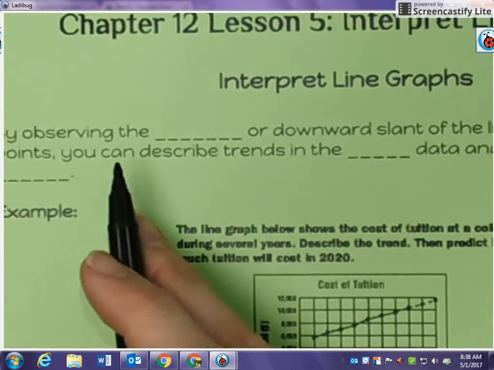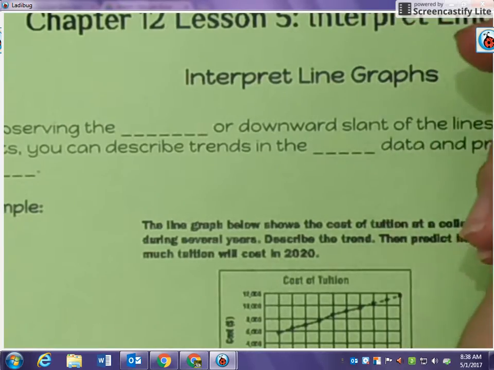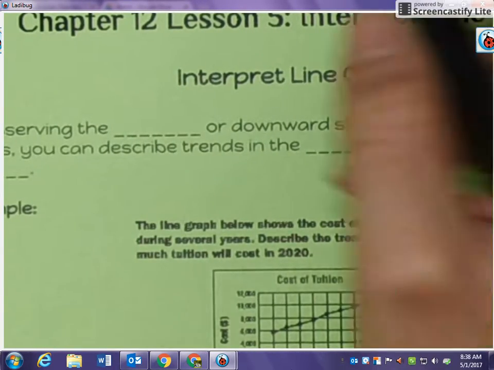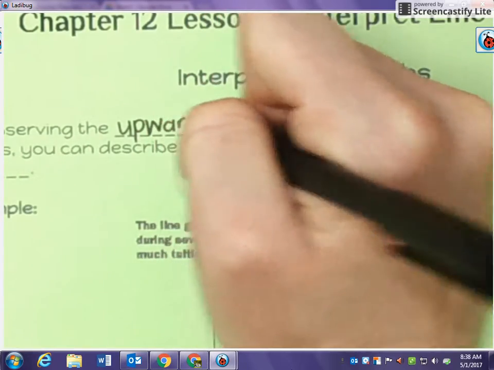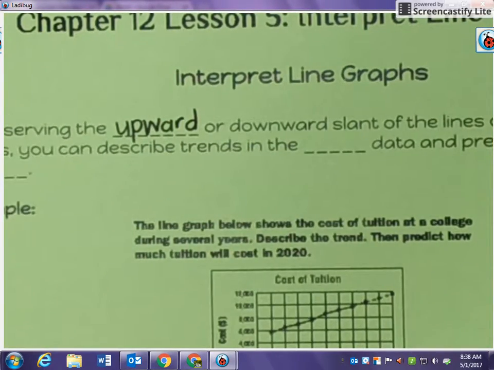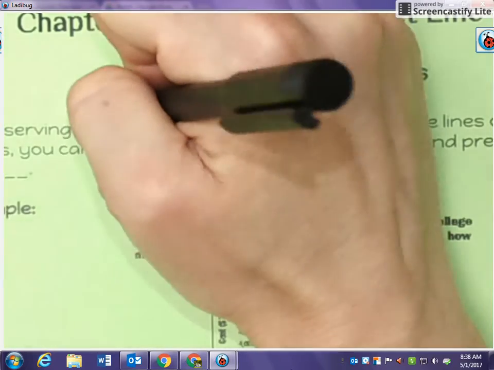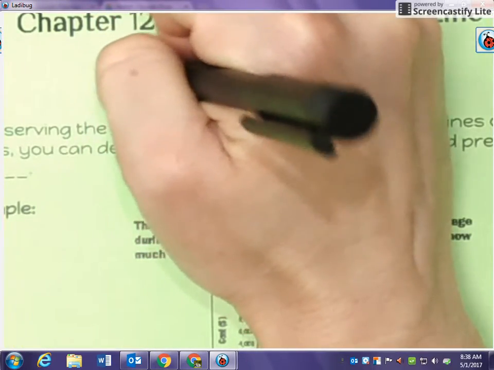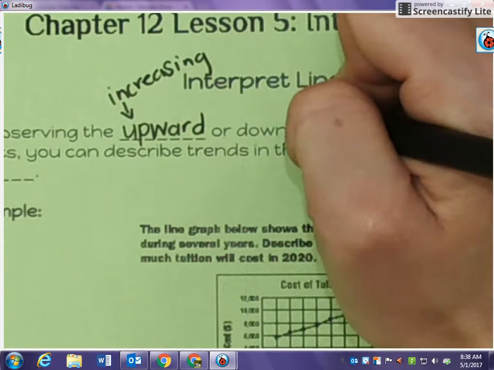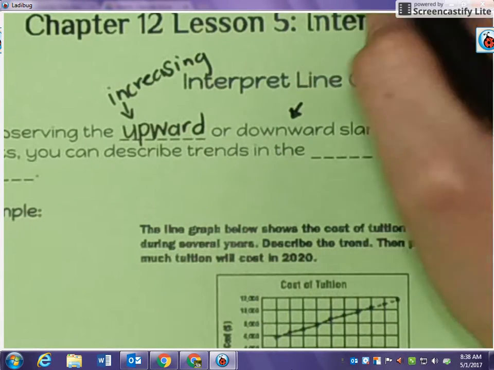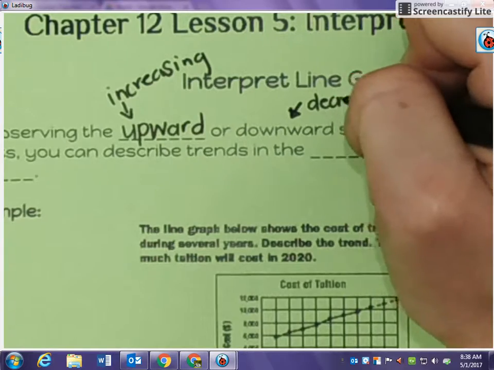By observing the upward. What would upward mean in line graphs? Increasing or decreasing, Riley? Increasing. Increasing, so that would be increasing. Or downward. What would downward mean, Riley? Decreasing. Decreasing.